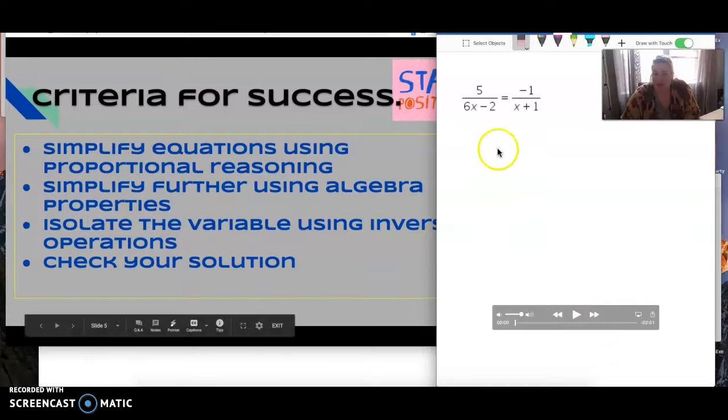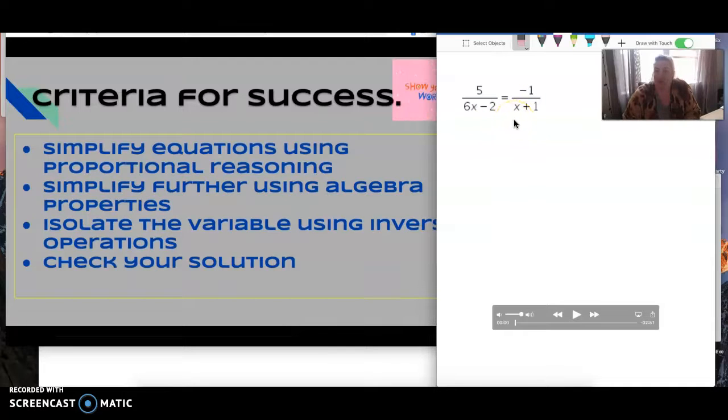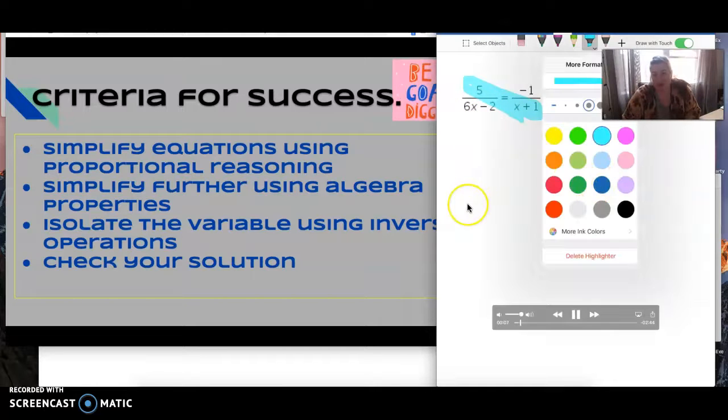So it is a proportion, right? We have two ratios set equal to each other. So we're going to use proportional reasoning to solve that out. What is proportional reasoning? Proportional reasoning is cross multiplying, or you know me with my funny names, crisscross applesauce. So we're going to crisscross applesauce. We're going to take the numerator on the left, multiply it by the denominator on the right.